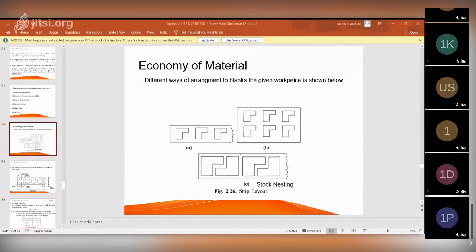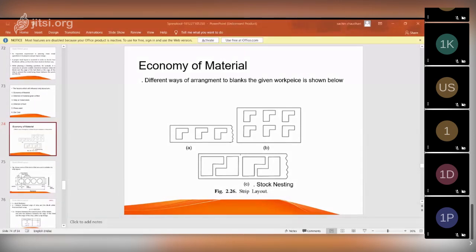Okay, and these strip stocks are used when the production is at a lower level, meaning it is not mass production. Okay, and if the thickness of that sheet metal is maximum, meaning thicker sheet metals are used, up to 6 mm, then you have to use a strip stock type.